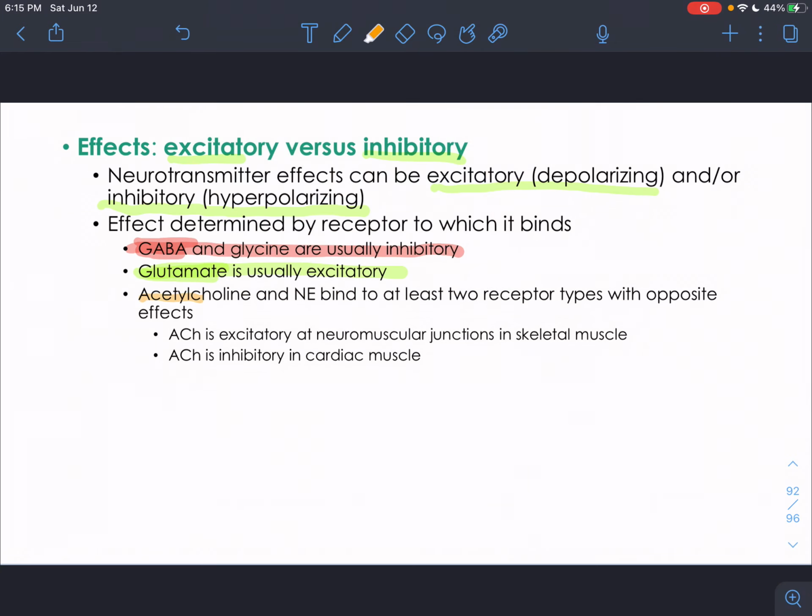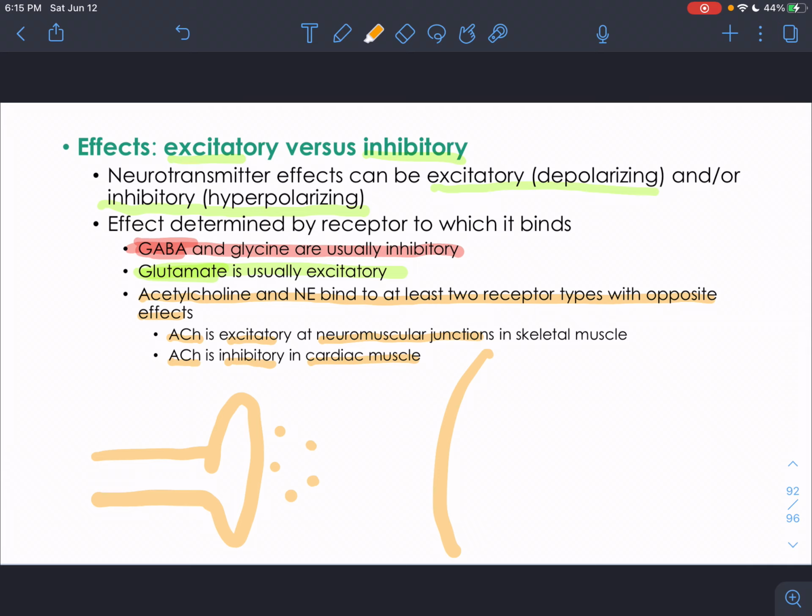And then acetylcholine and norepinephrine bind to at least two different receptor types with opposite effect. So you can have acetylcholine being excitatory at neuromuscular junctions, but you can also have acetylcholine being inhibitory in cardiac muscle. So some neurotransmitters can either be excitatory or inhibitory, and it depends on the receptor, right? So acetylcholine is also always going to be released from the presynaptic cell, right?